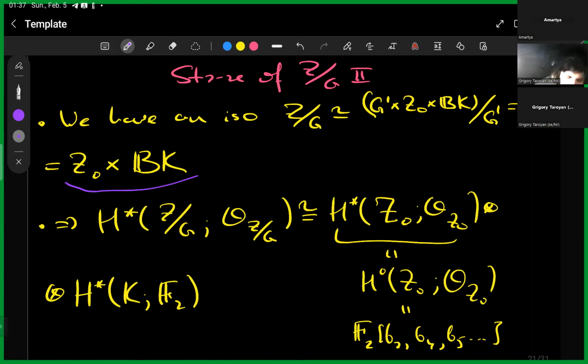This now allows us to apply the Q-naught isomorphism, which implies that the cohomology of this quotient stack with coefficients in the structure sheaf is the tensor product of the cohomology of z sub 0 with coefficients in the pullback sheaf, which is the structure sheaf of z sub 0, and the cohomology of K with coefficients in F2.